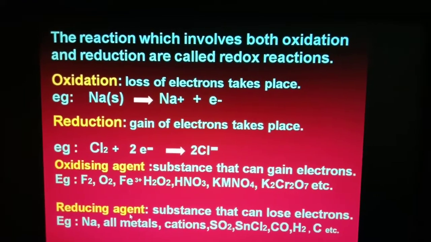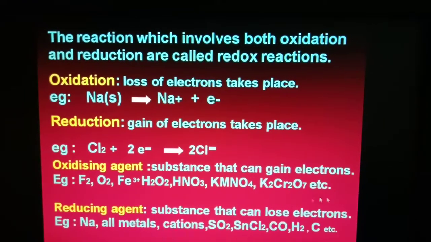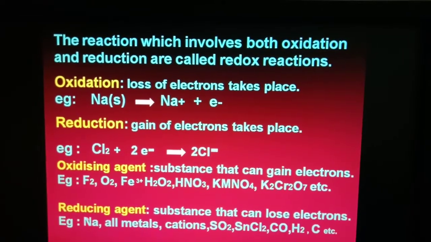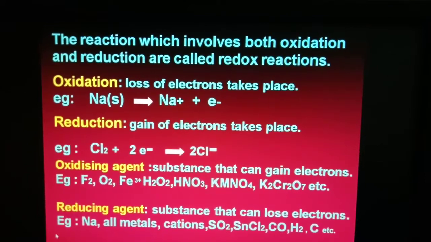Next substance is a reducing agent. The substance that can lose electrons is called a reducing agent.